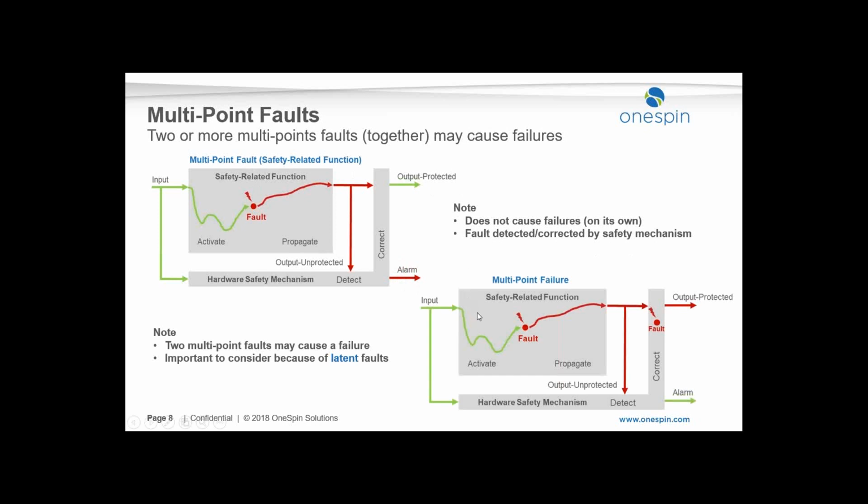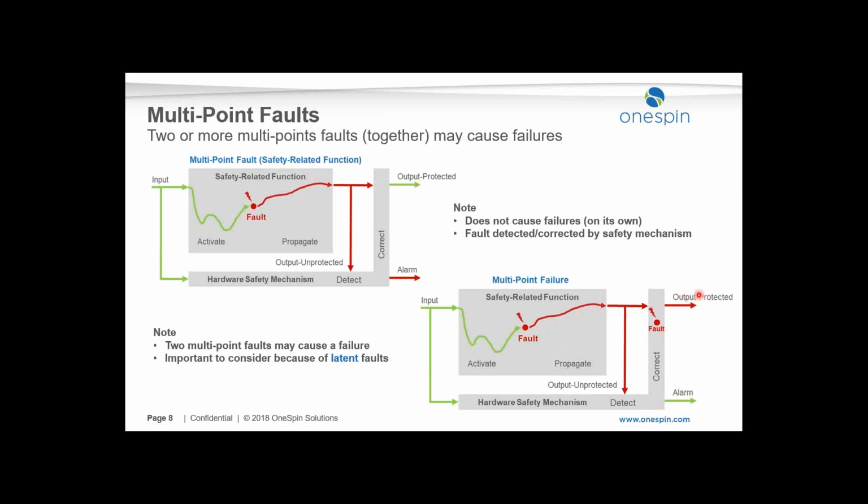Of course, the problem with multi-point faults is that while this one on its own didn't cause any problem, along with some other fault, for example, let's assume I have a fault in the safety function and a fault in the safety mechanism, these two together cause that, in this case, I get no alarm from the safety mechanism. So the safety mechanism thinks it's all okay, no problem, but actually I get the wrong output.